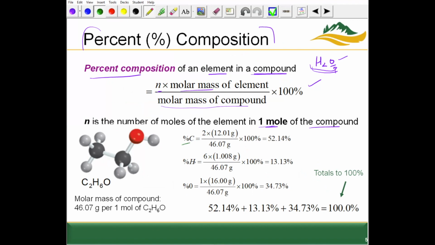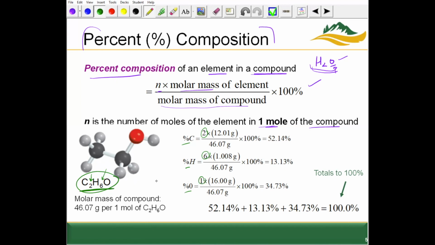So percent carbon, hydrogen, and oxygen in this molecule here. So n is the number of moles of the element in 1 mole of the compound. For carbon, we have 2 moles of carbon for every 1 mole of the compound. For hydrogen, we have 6 moles of hydrogen for every 1 mole of the compound.